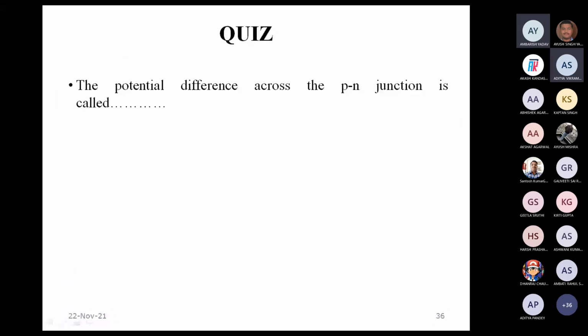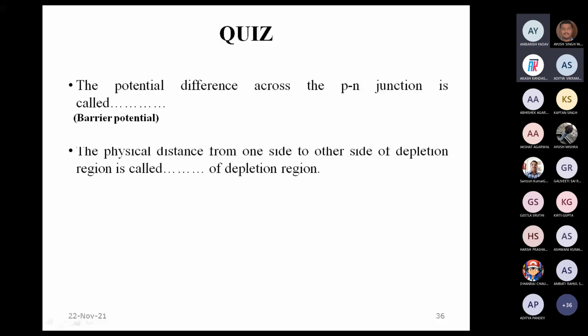The potential difference across the p-n junction is called the potential barrier. The physical distance from one side to the other side of the depletion region is called the width of the depletion region, the depletion width.